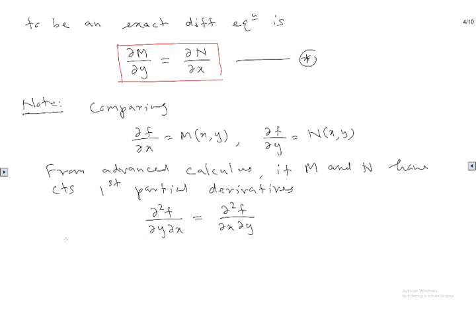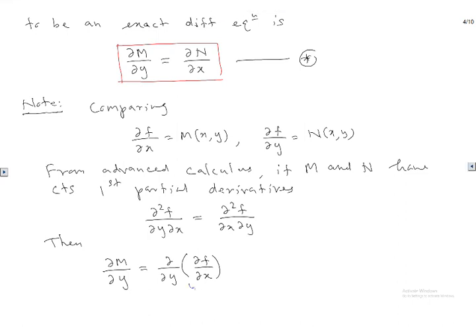So what's going to happen now? What is ∂M over ∂y? You can take ∂ over ∂y out, and then we can replace M by the definition. What is M? M is ∂f over ∂x.